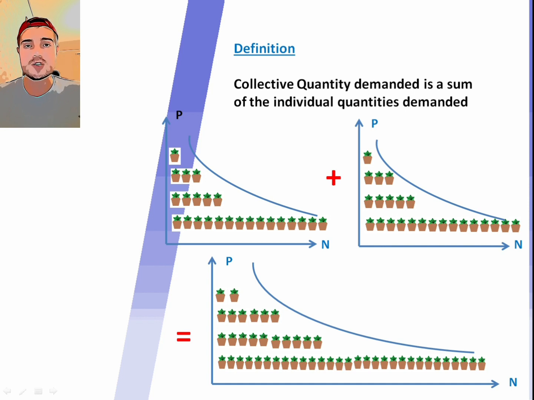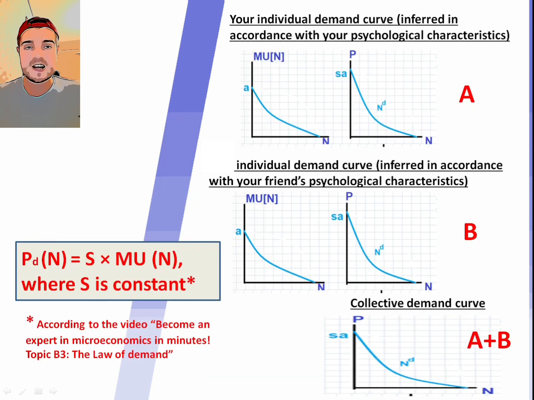According to the diminishing marginal utility principle and the linear dependence of the demand price on marginal utility, we can also draw two individual demand curves. These curves are determined by the individual psychological characteristics of two people, but not by individual budget constraints. In both examples, we sum the quantity demanded, not the demand prices.